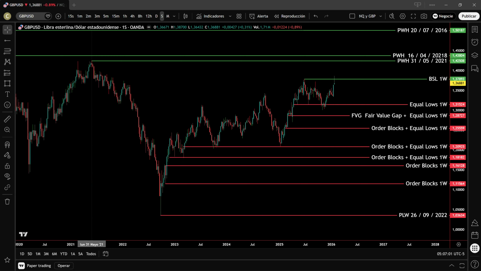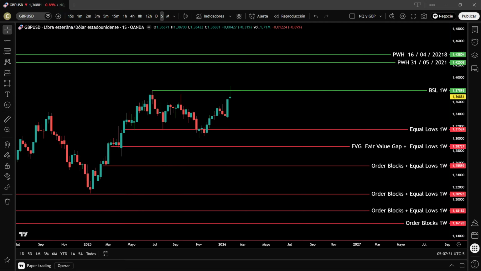Further up, we have highly important historical references, such as the 2021 and 2016 highs. However, the most striking feature is the liquidity buildup on the downside. We have a series of staggered order blocks and equal lows acting as protection zones. This setup suggests a market that is building a solid base but leaving open inefficiencies that could be revisited before seeking a major expansion toward the 1.40 levels.